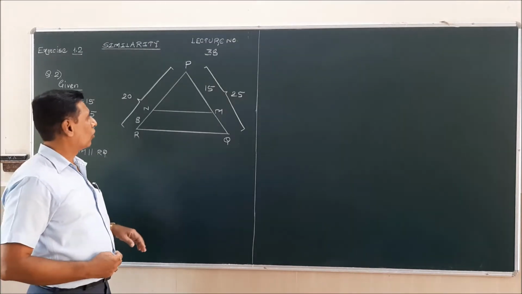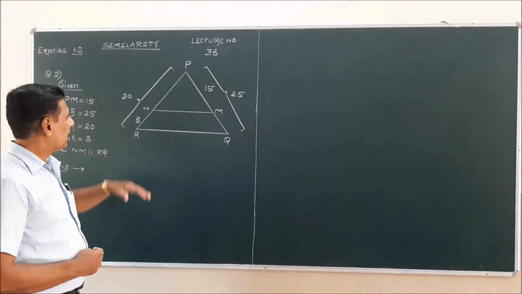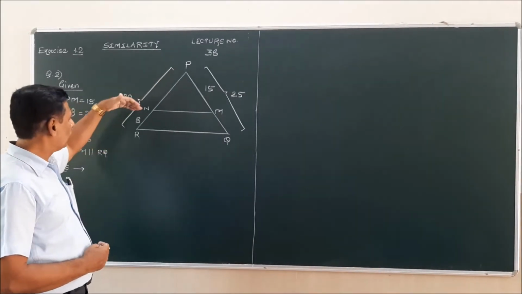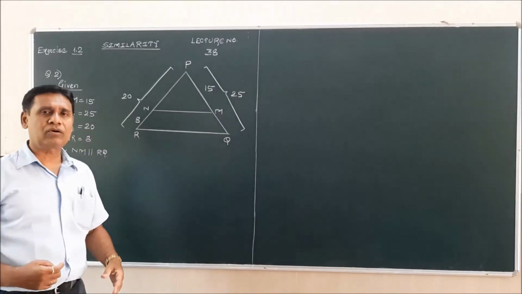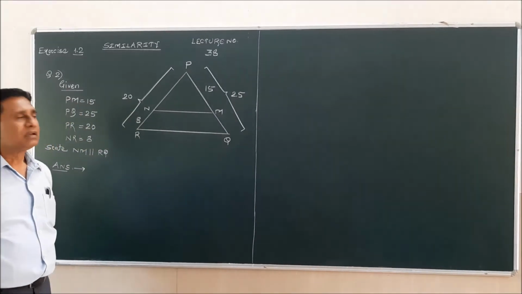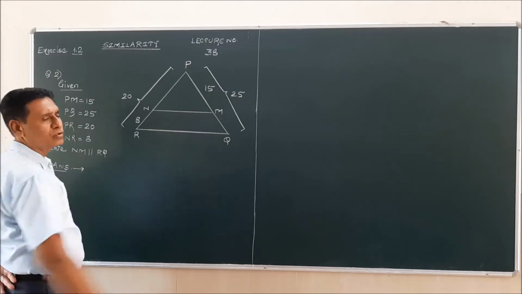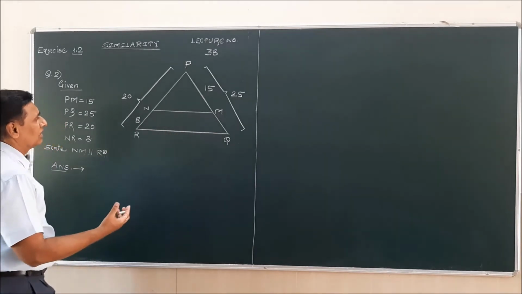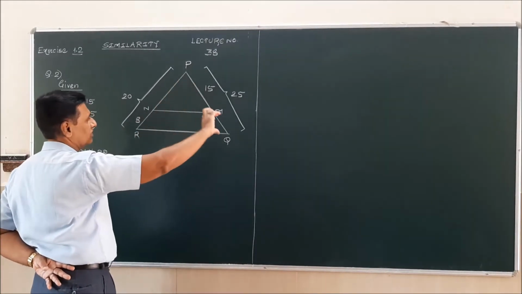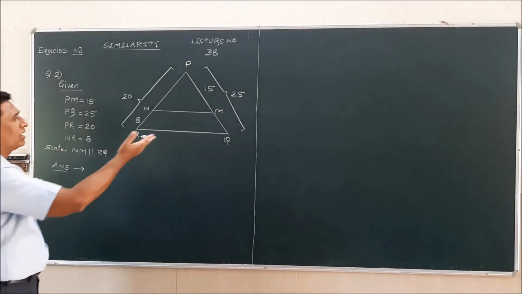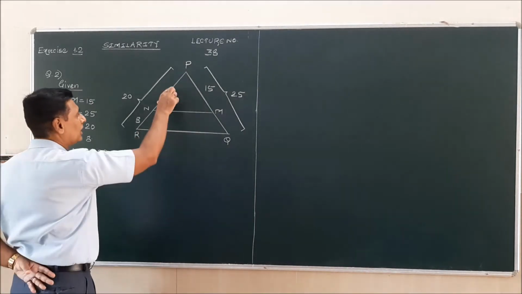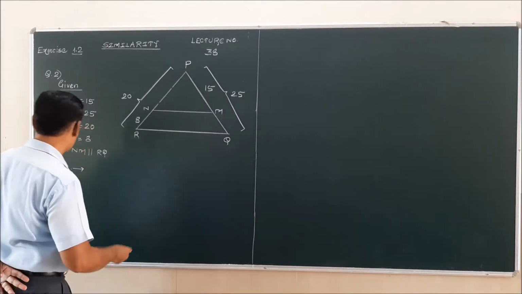Now you all know by converse of BPT, if the ratio PN upon NR is equal to the ratio PM upon MQ, then by converse of BPT we can say that MN is parallel to QR. But for that I have to find out PN first as well as MQ, because we don't know PN as well as MQ. PN and MQ are not known, so I am going to find them.